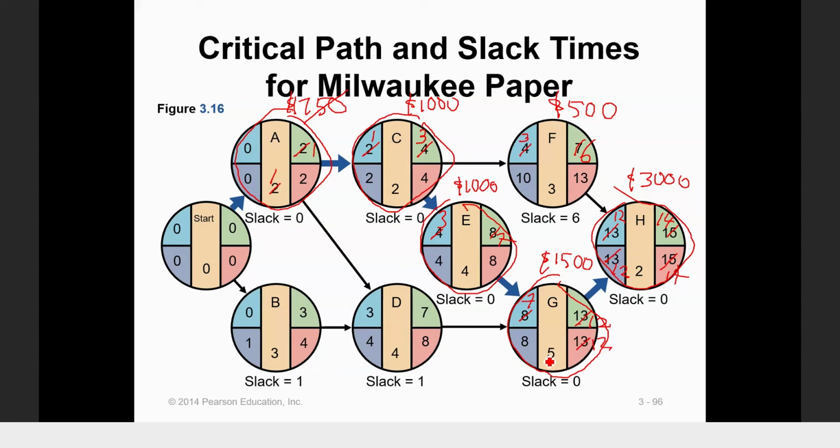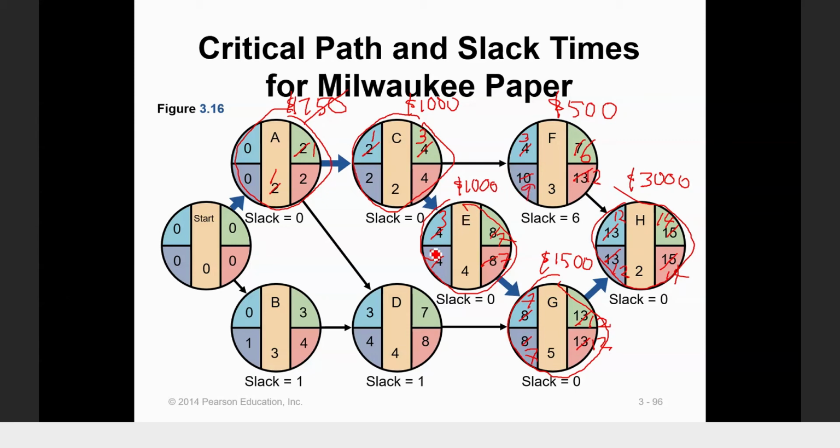12 minus 5 becomes 7. So here also becomes 7. 7 minus 4 becomes 3. Here it will become 6. Here it will become 12, right? 12 minus 3 becomes 9.